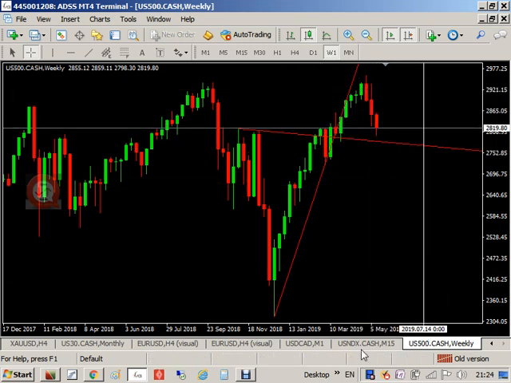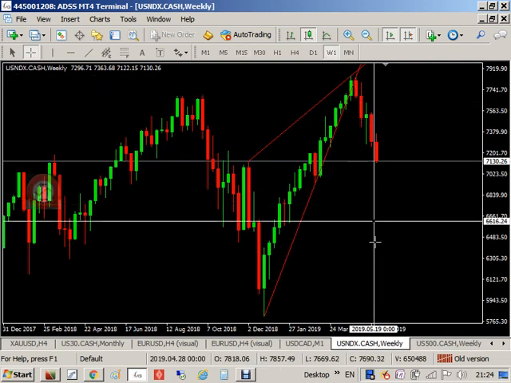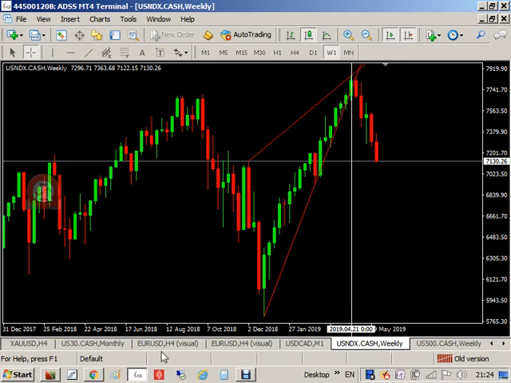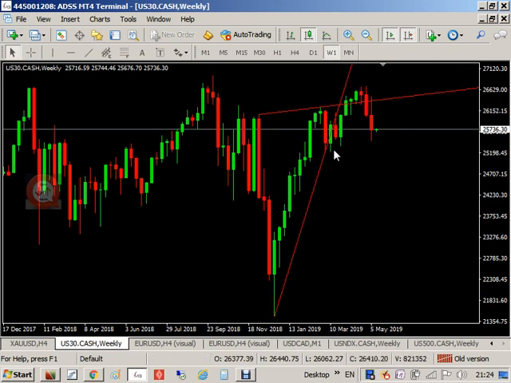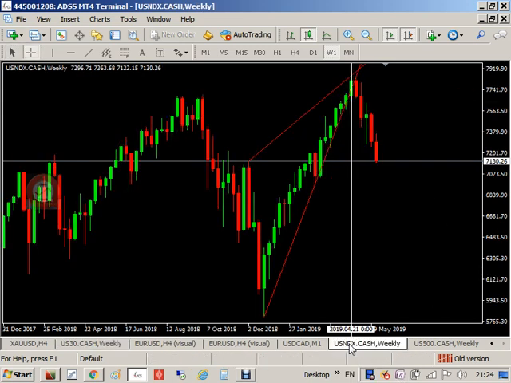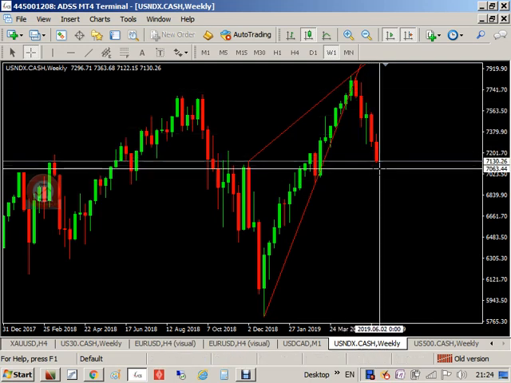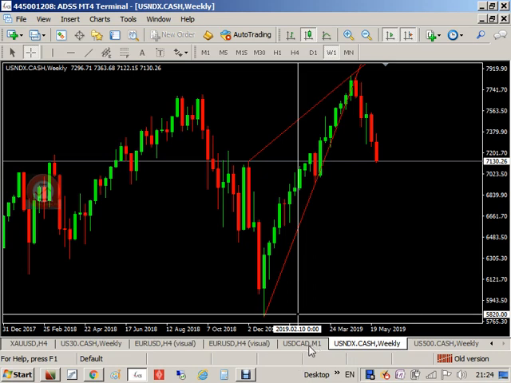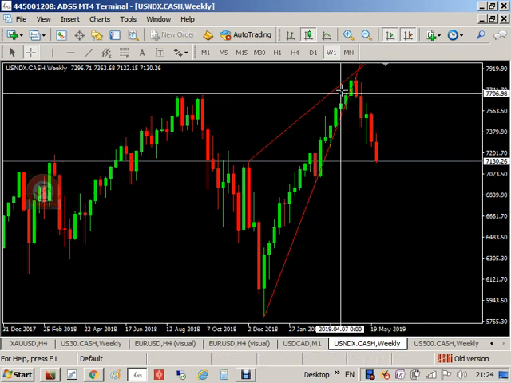That's why we go to Nasdaq and check the weekly, which is more clear, and we can go to Dow Jones and check the weekly. We found it also the same as S&P, but Nasdaq is giving a more clear signal that it is going down.